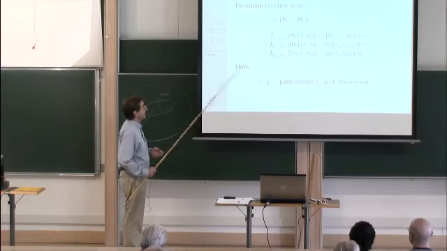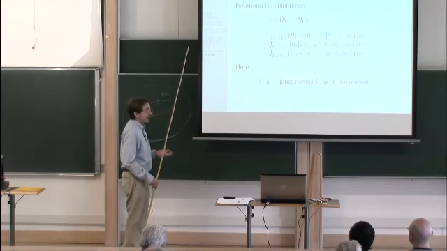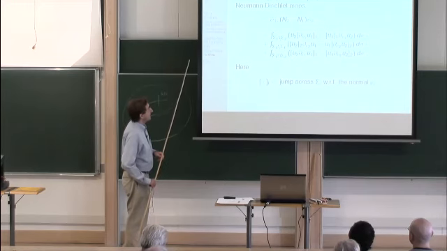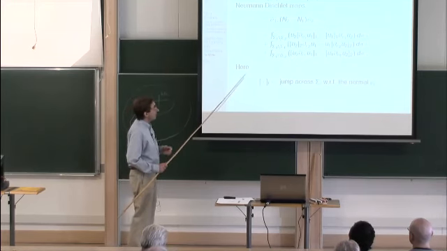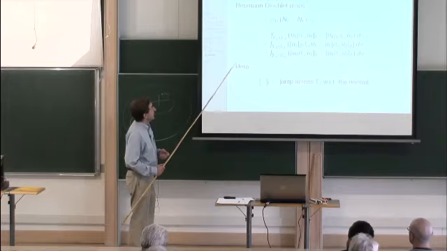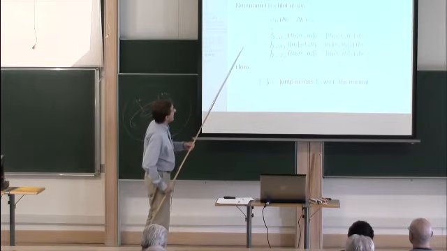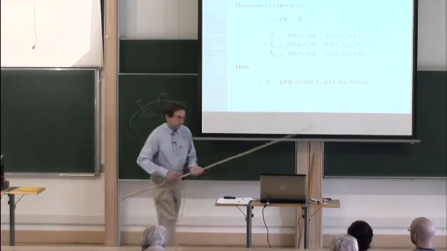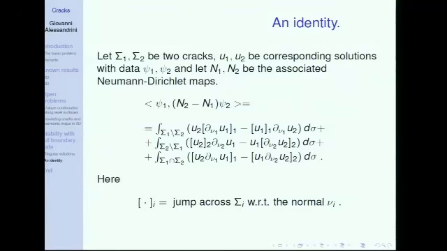It involves a careful use of integration by parts. Of course, it's nothing else than that, but it is a little bit troublesome because we have to use integration by parts in omega minus the two cracks.